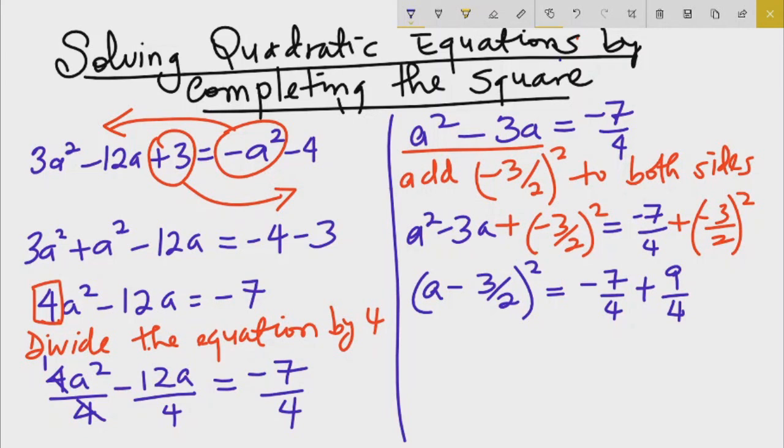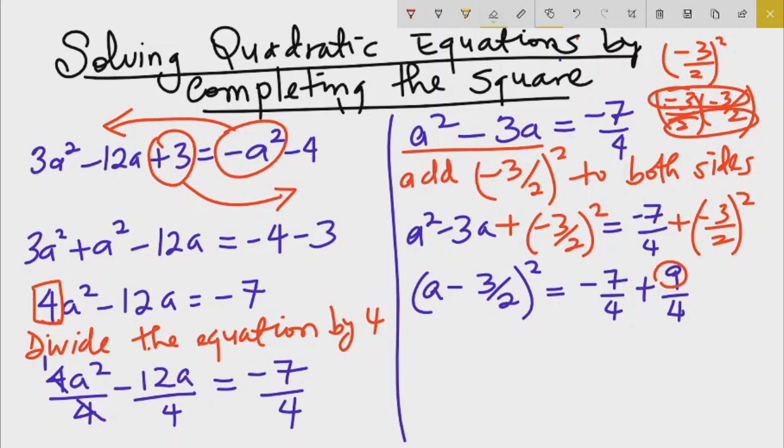(-3/2)² is -3/2 multiplied by another -3/2. So what you want to do is multiply the numerators, so -3 multiplied by -3 gives you a positive 9. Then positive 2 multiplied by positive 2 gives you a positive 4.